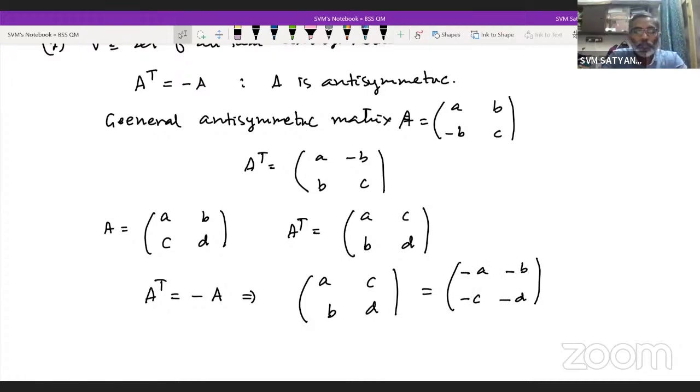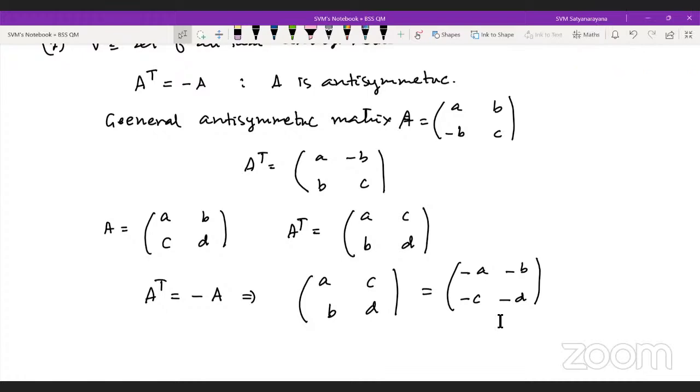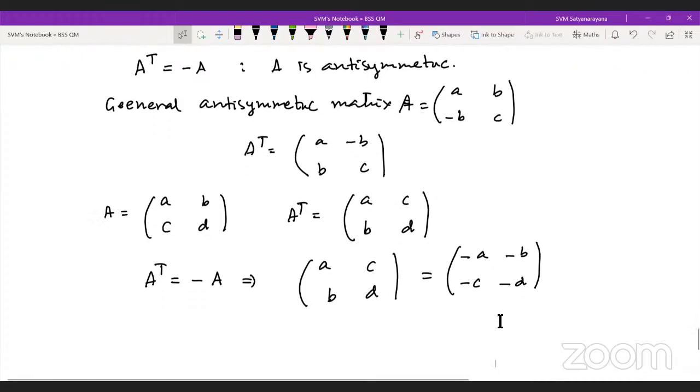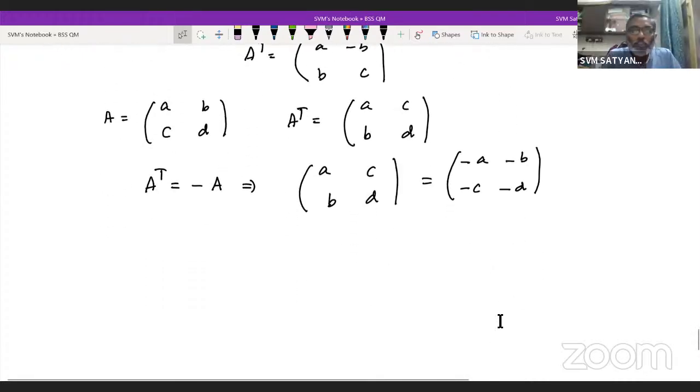So if two matrices are equal like this, what does it mean? Element by element it should be the same.